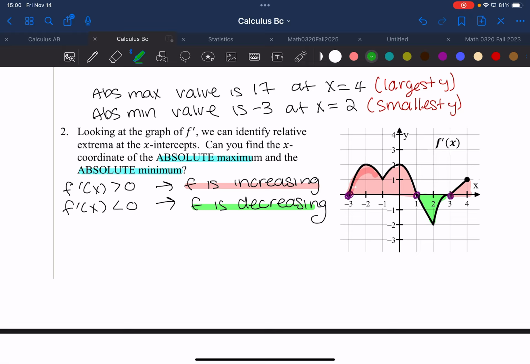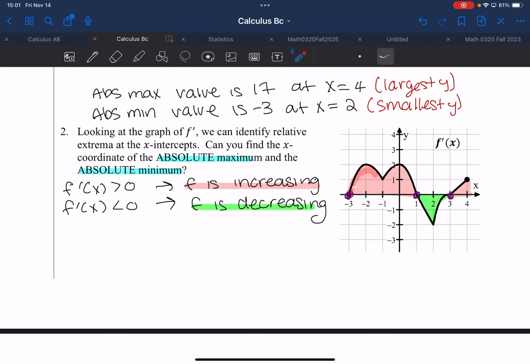So based off of this, we're able to draw a rough sketch of the original function f.